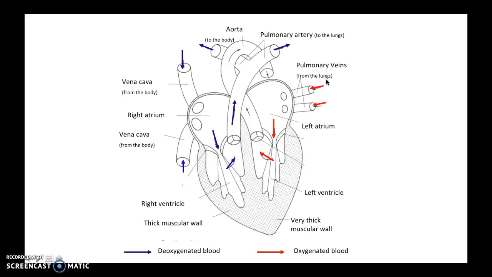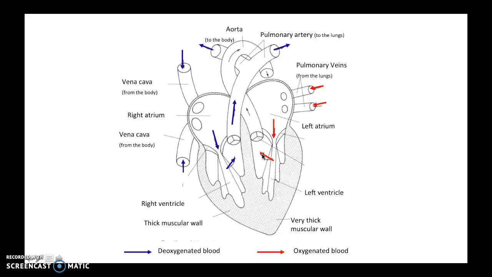What does the blood get from the lungs? Oxygen. When you breathe in, the oxygen goes to your lungs, and the blood that passes by those lungs picks up oxygen, and then takes it to the left atrium. The left atrium passes it through a valve, which we will discuss a little later, into the left ventricle.